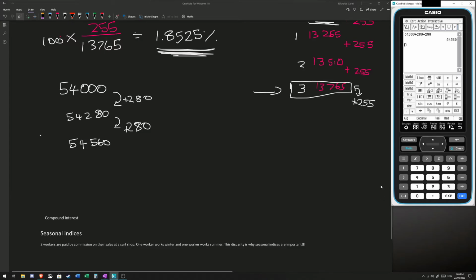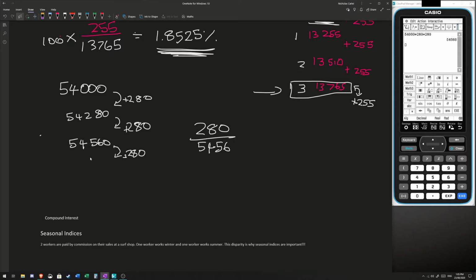560. Now we're looking at what's happening on our third interest charge. So we're adding $280 here. We do $280 over $54,560, and we multiply that by 100 because we want the rate.